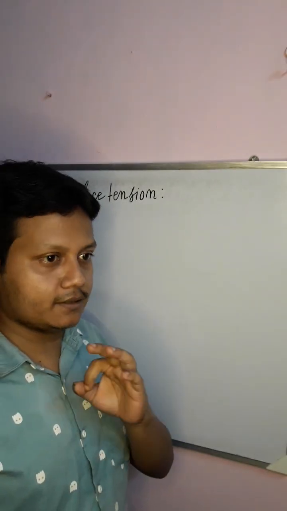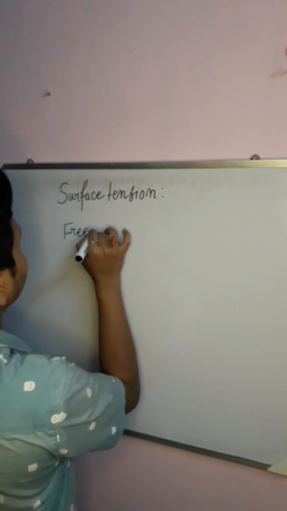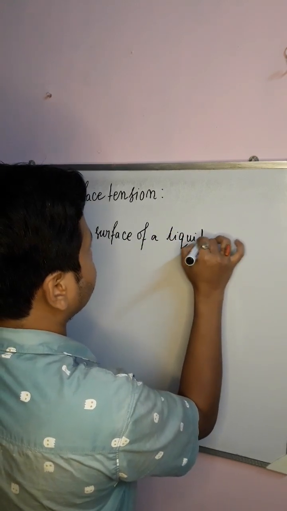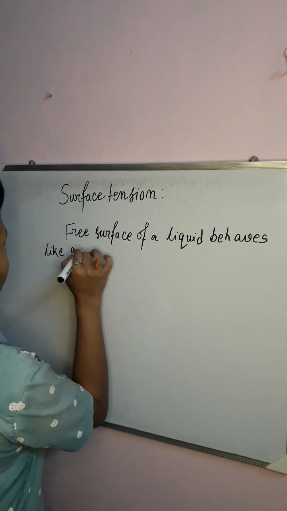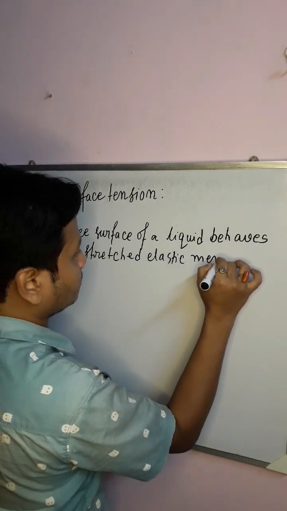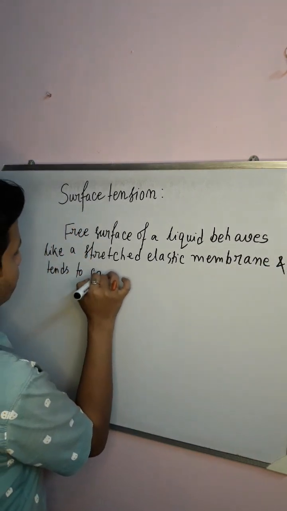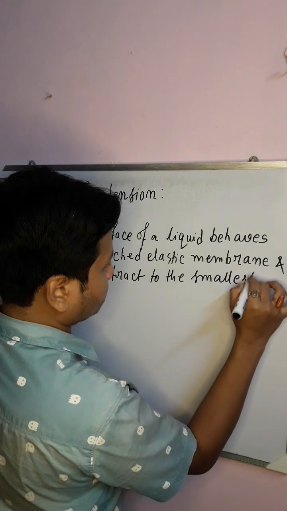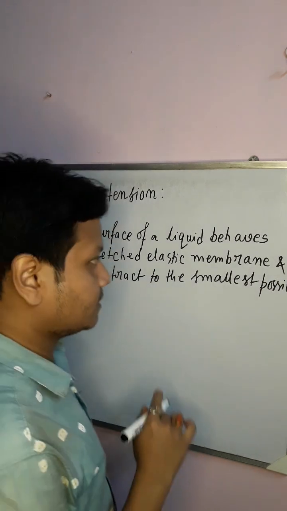Okay, you all know it that a free surface of a liquid always behaves like a stretched elastic membrane and tends to contract to the smallest possible area.